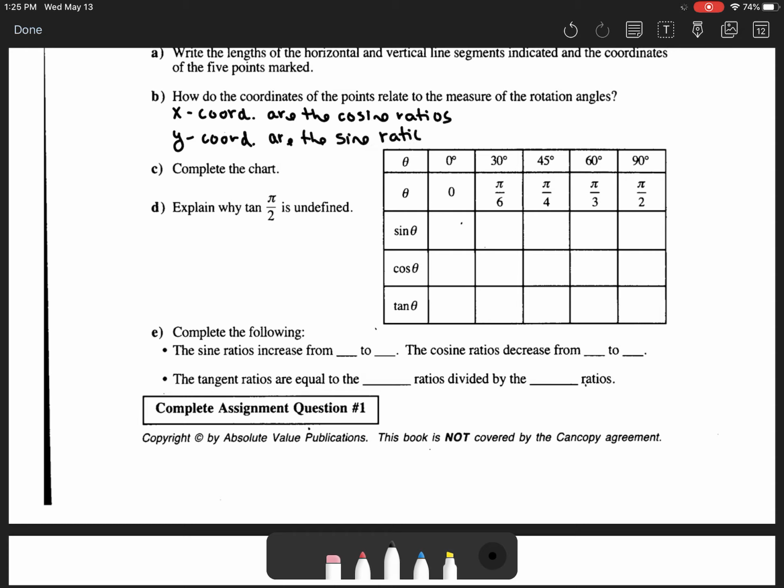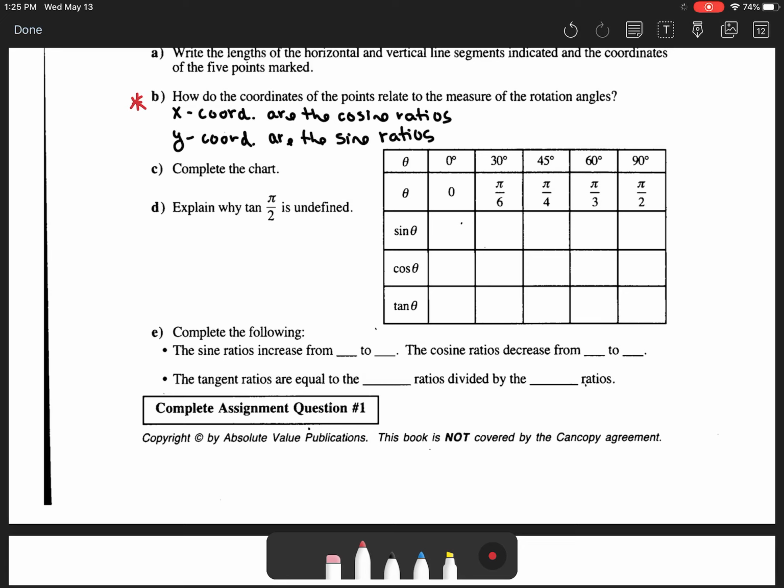So again, that's actually a really important point. The x's are your cosines, and the y's are your sine ratios. So now it says complete the chart.